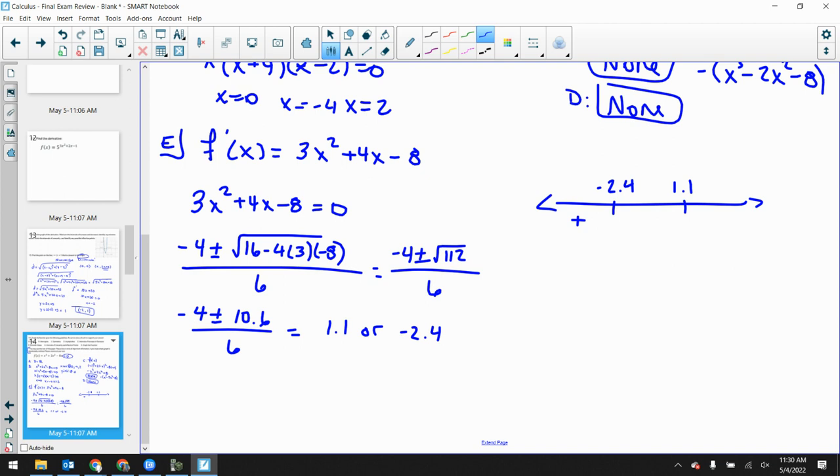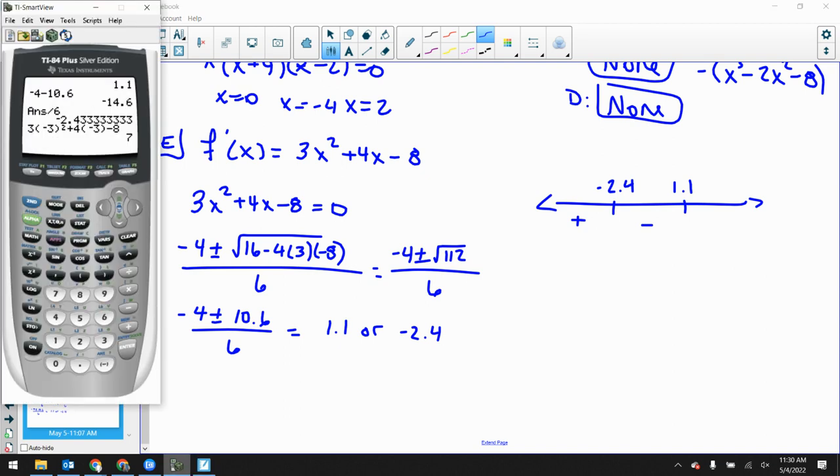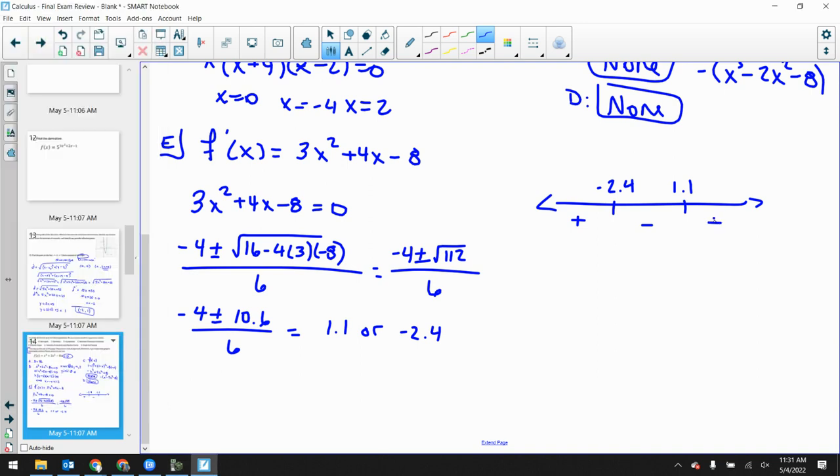Isn't 0 in between negative 2.4 and 1.1? If I plug in 0 here, it's going to give me a negative 8. Negative. If I plug in something bigger than 1.1, I bet it's going to be positive, but let's check to be sure. 3 times 2 squared plus 4 times 2 minus 8. Positive, just as I expected.